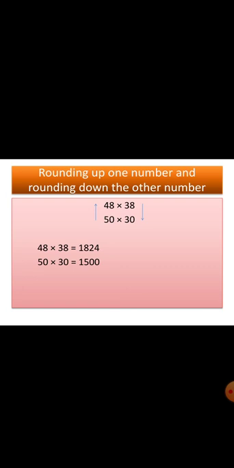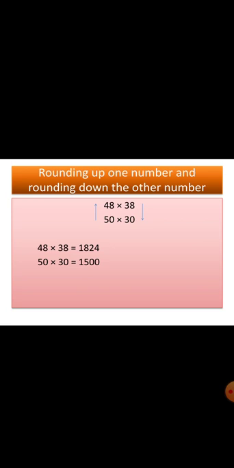The number 38 in the 10 series comes between 30 and 40. 38 is actually closer to 40. But here we are going to round up one number and round down the other number. So 38, even if it is closer to 40, is rounded down, which means the before number, that is 30.